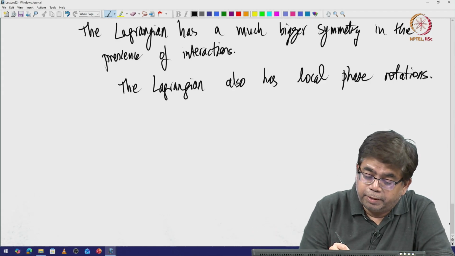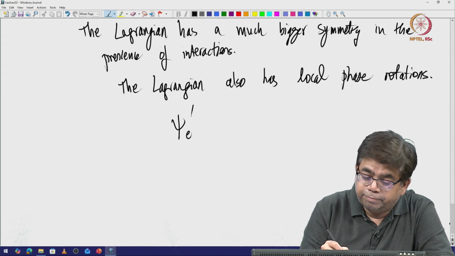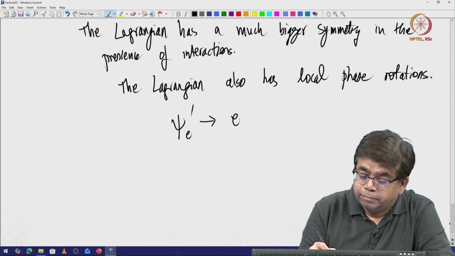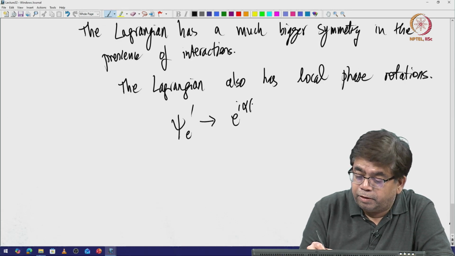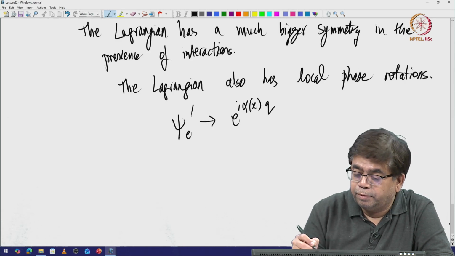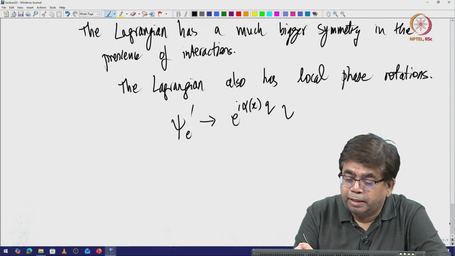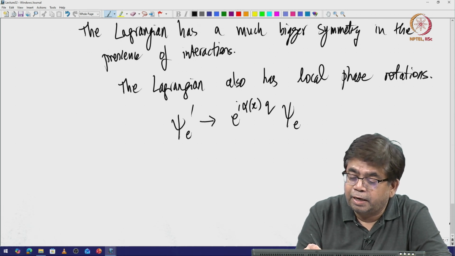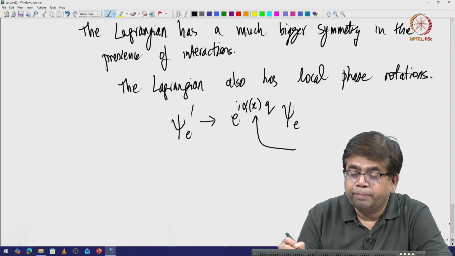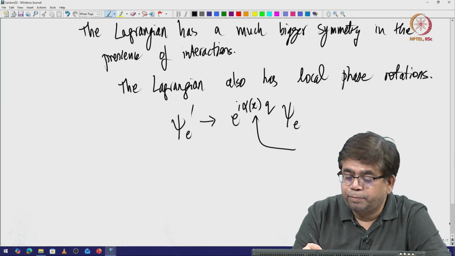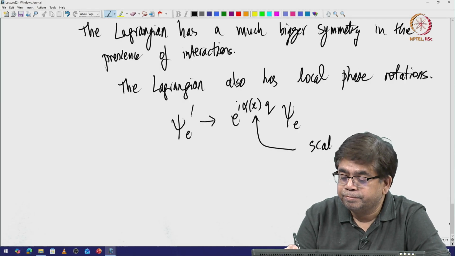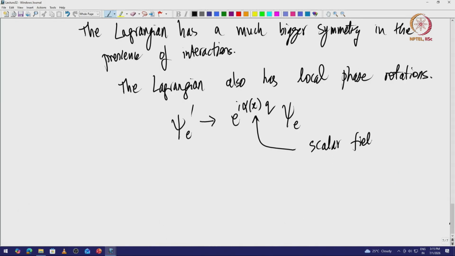So in principle you have psi prime equal to e to the power i alpha of x times q, psi. Now what did I do? This alpha I made into a spacetime quantity, okay. So essentially I am putting here a scalar field, a function of x, alpha of x, and q is your charge, the electric charge.